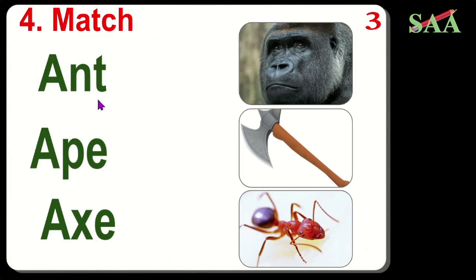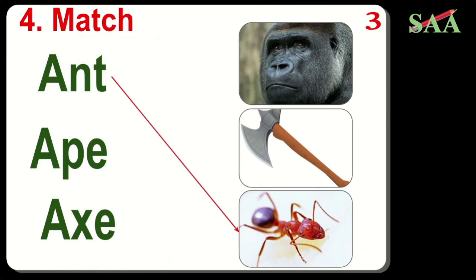Now Gaurav, what word is this? Read the word here. Ant. So where is ant, first one, second one or the third one? Third. Yes, third one is the ant. So what is this second word? Yes, ape. Ape, right?